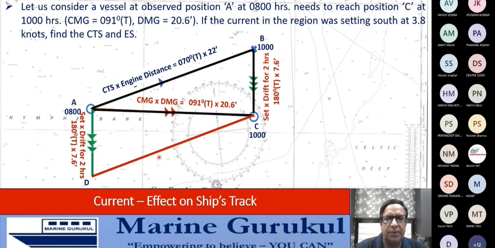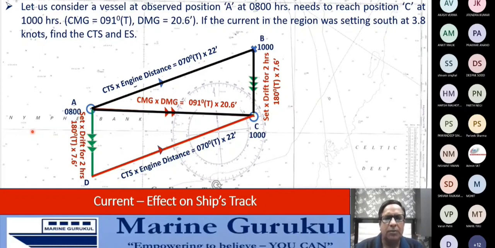Obviously, then A, B, and DC are parallel to each other and also equal in magnitude. So obviously, since it's a parallelogram, therefore, D to C represents the CTS and D to C distance represents engine distance in 2 hours. So the CTS is 070 degrees true, engine distance is 22 miles in 2 hours, giving us an engine speed of 11 knots.